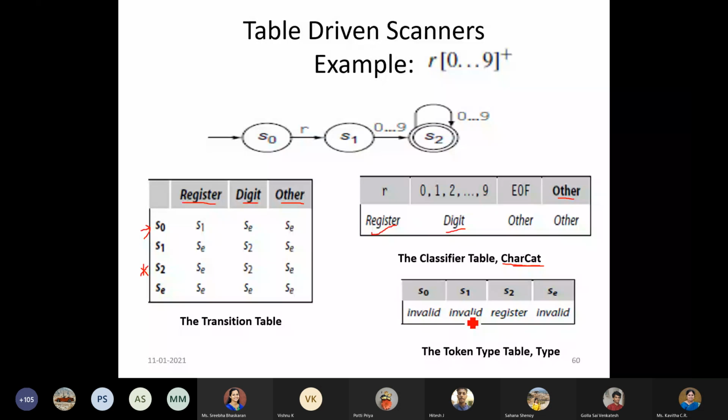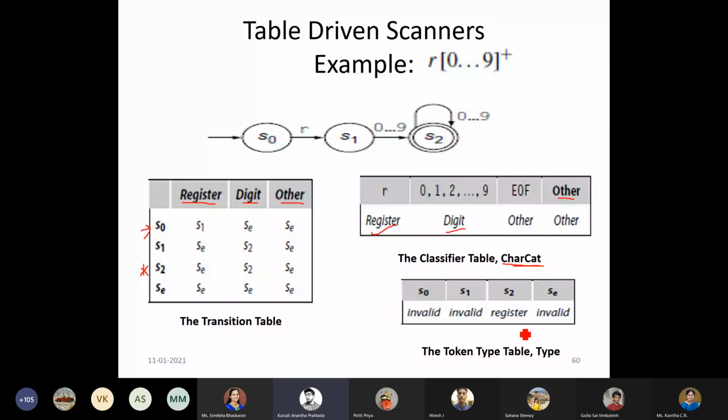If you are in S2 state, that means, if you say R1 is the word, it is considered accepted. So instead of valid, I can say that it is register. If you are in error state, we can say that it is invalid. So this table is for tokens, to recognize the tokens.